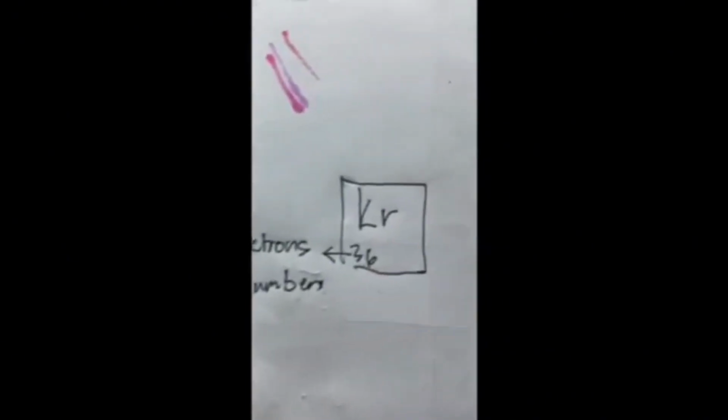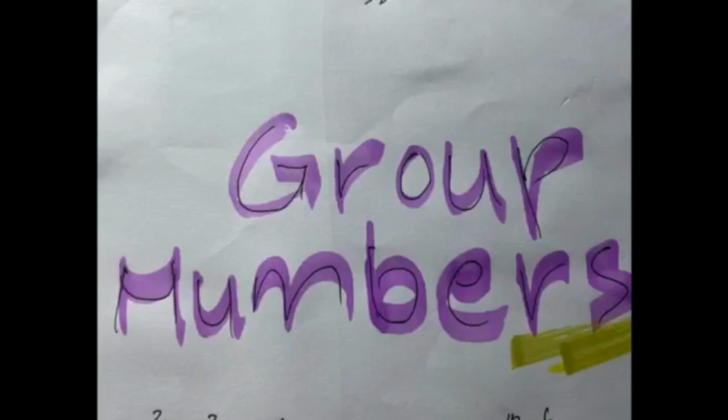Add all the exponents. If we add all the exponents, the answer is 36.